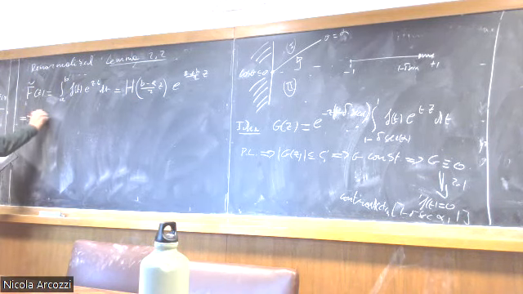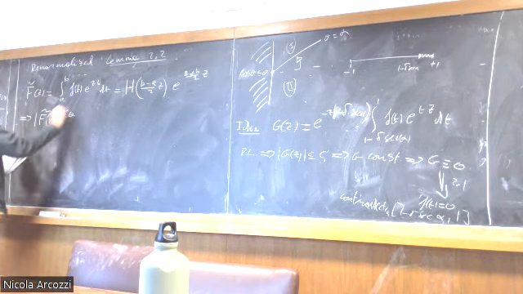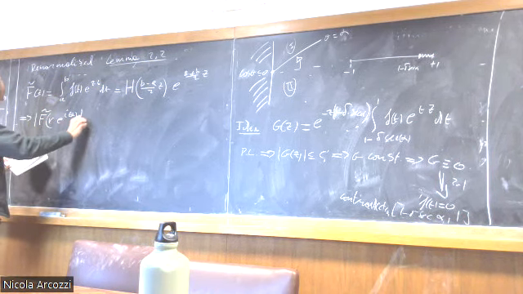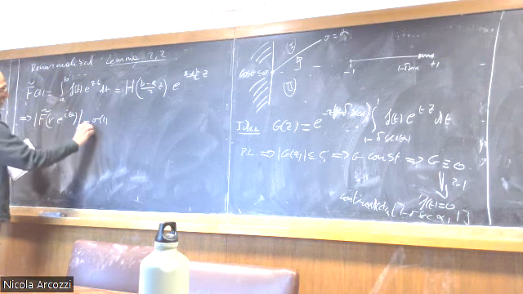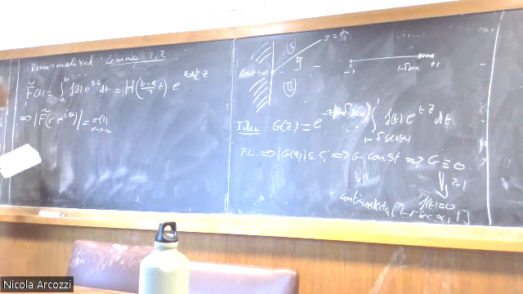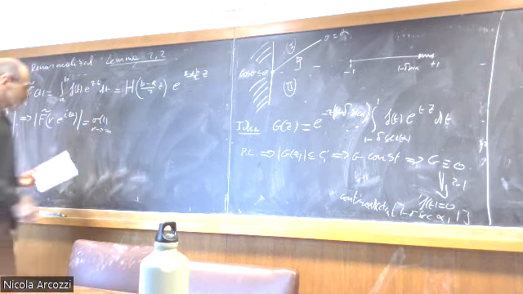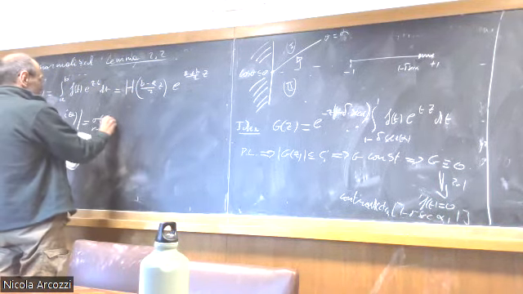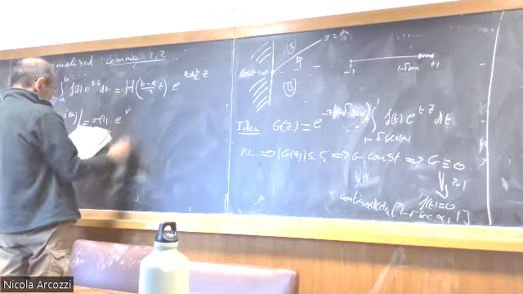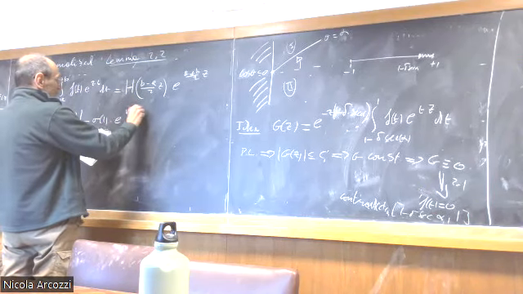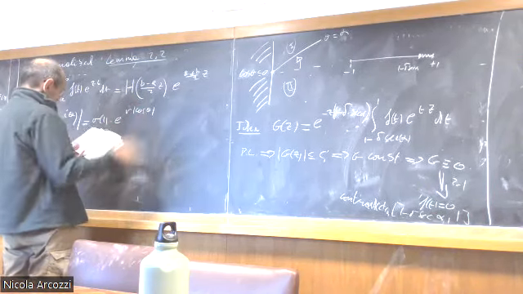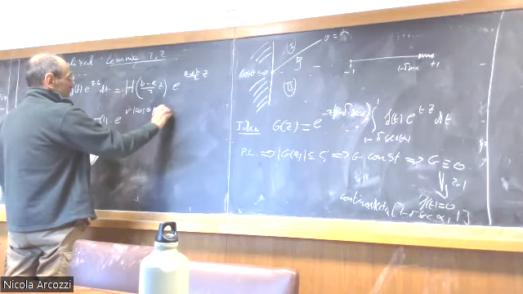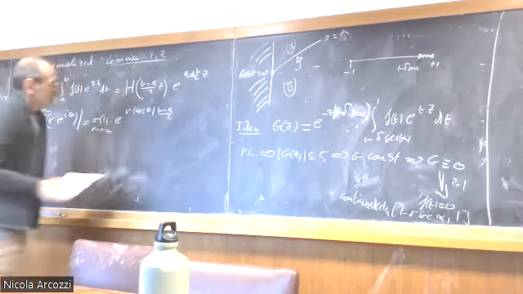So you can easily check that there is a factor which goes to 0, and then you have something coming from here, which is e to the r cosine of theta times b minus a over 2.